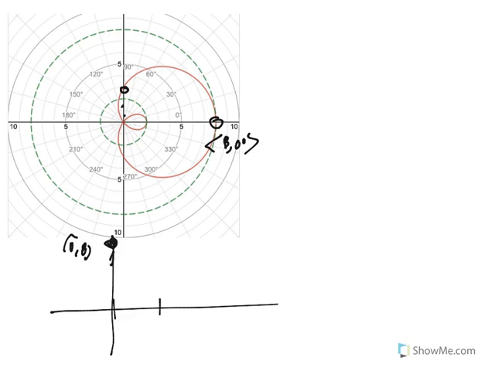So here's 0, 90, 180, 270, 360. So at 90, 3, there's a point. There's also a point over here at 270, 3. And this point in the beginning could also be thought of at the end as 360, 8.